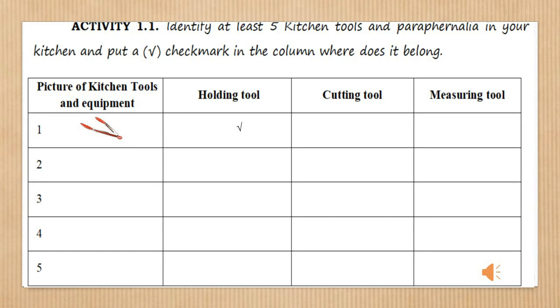Kitchen tongs, under holding tool. So you have to give 5 kitchen tools or equipment available at your kitchen, take a picture of it, and then classify whether it is holding tool, cutting tool, or measuring tool. So you have to put a check mark in the column where this tool or equipment belongs.